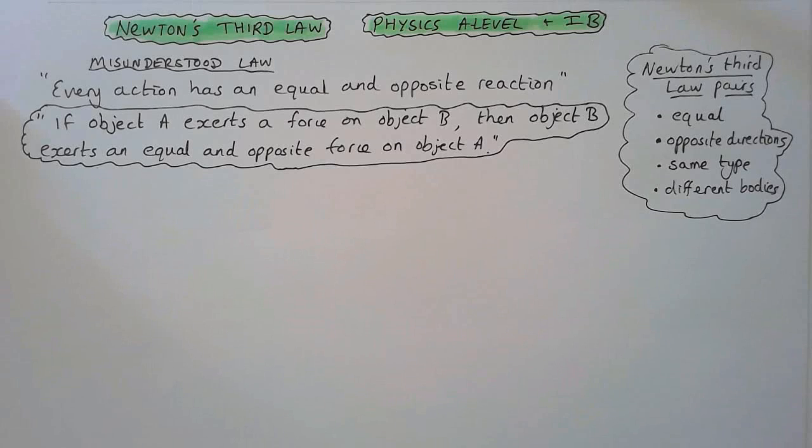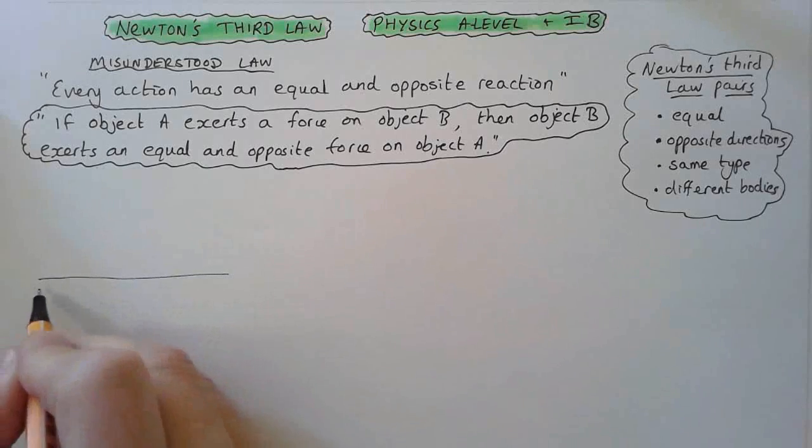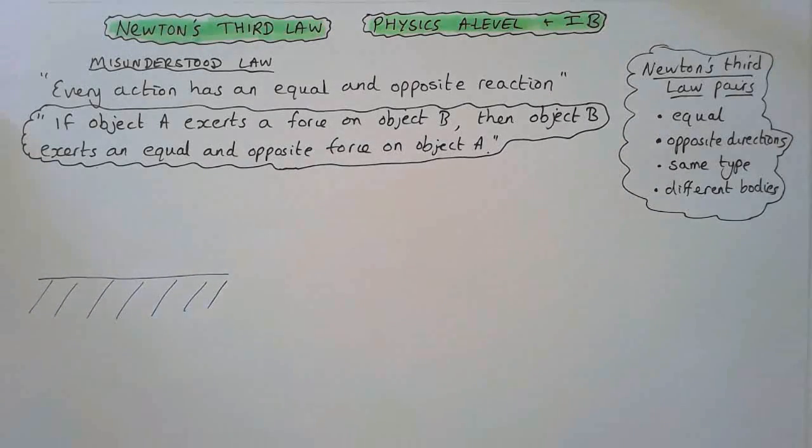Right, the example we'll look at is two objects in contact at rest on the ground. A nice simple example. So if I draw the ground here, and let's have a ball or something resting on the ground.